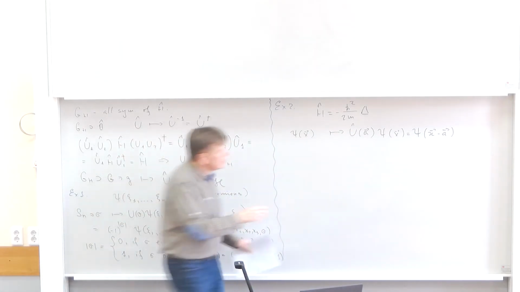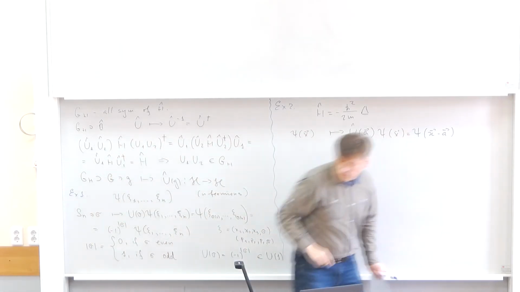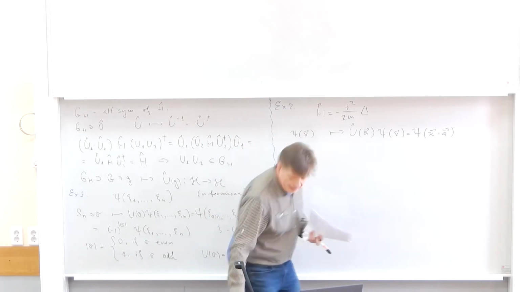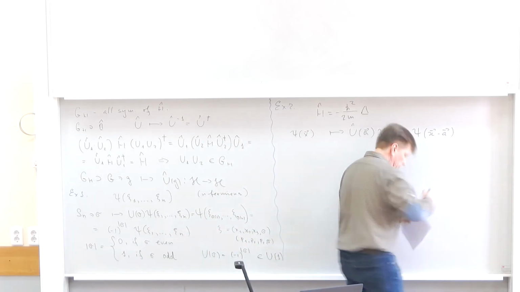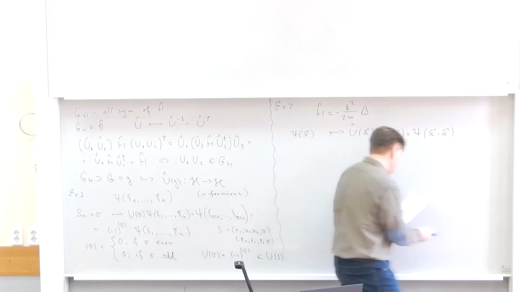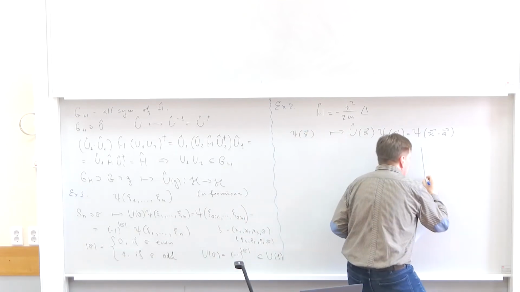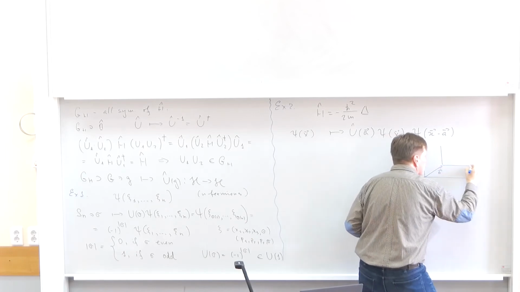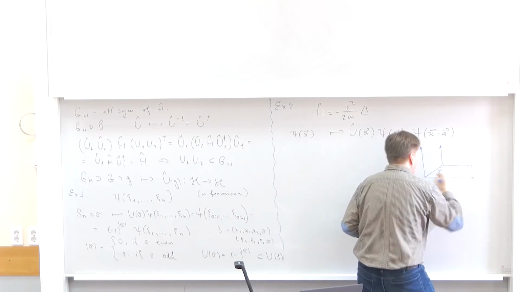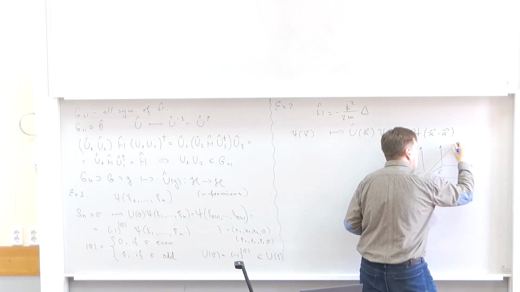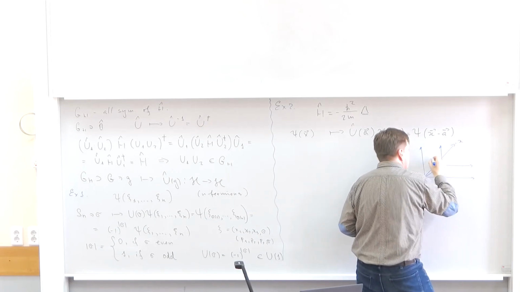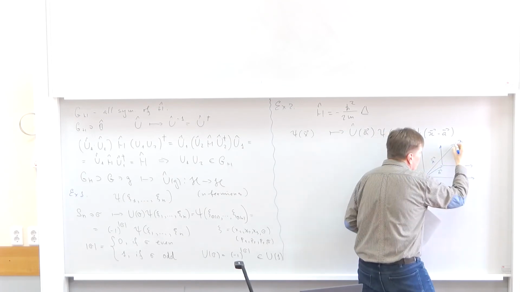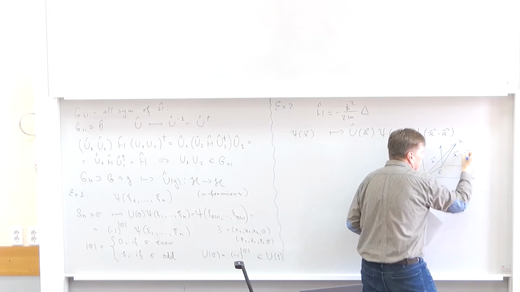Notice this minus sign. Why minus? Because if we shift the origin of our coordinate system by the vector a, we get a new coordinate system, so that the radius vector of the same point x relative to the new coordinate system is x minus a.